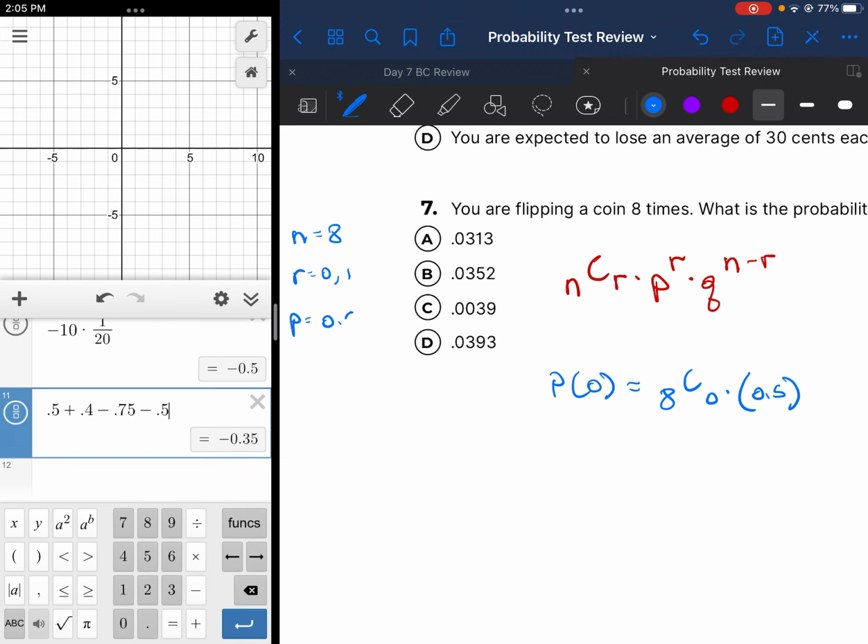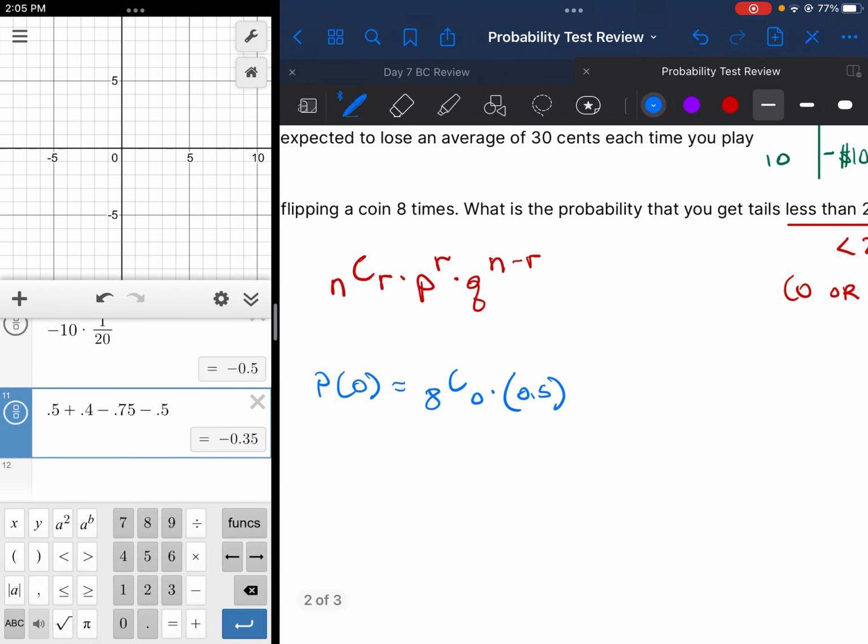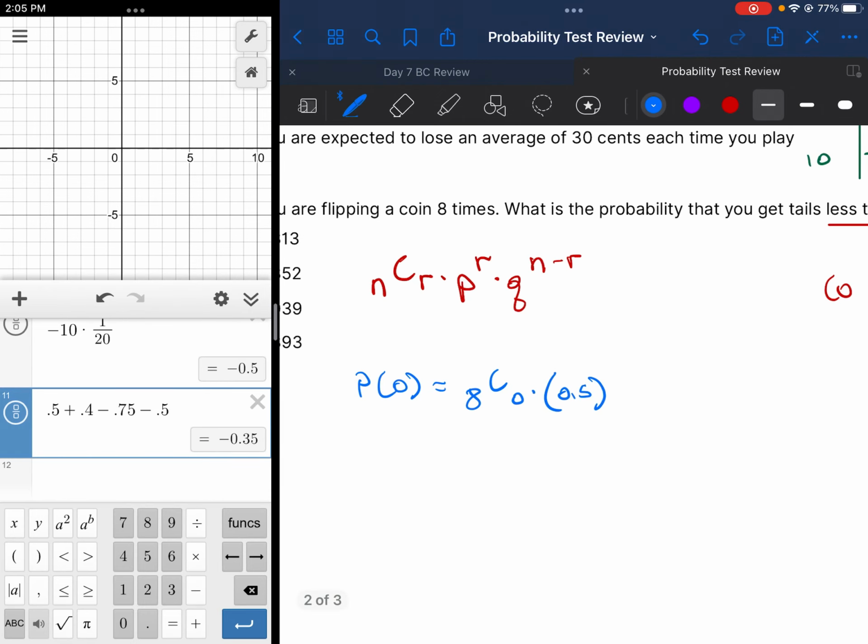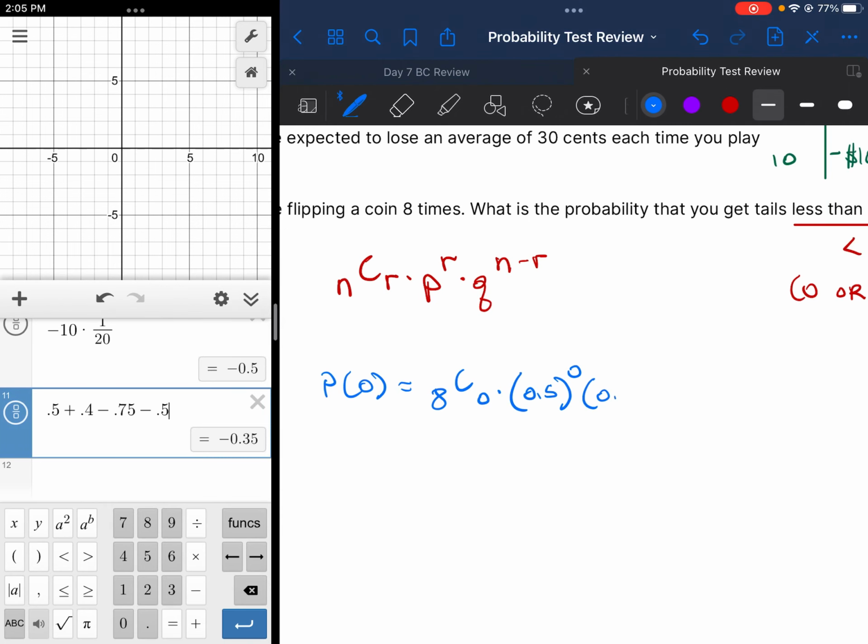P, probability of success, 0.5. Q, probability of failure, 0.5. So 8C0 times 0.5 to the, what we're expecting to flip tails, we're targeting flipping tails 0 times, times the probability of failure. Well, if we flip tails 0 times, that means we flipped heads or failed 8 times.